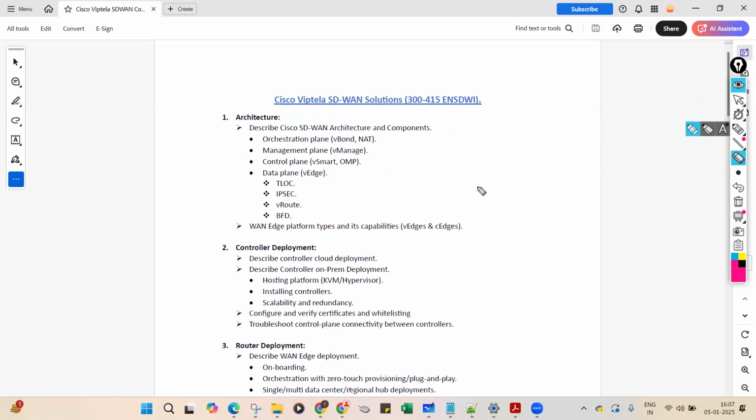The controllers can be deployed in two ways: one is the cloud deployment and the other one is, of course, on-prem. We will be discussing the requirements and how to deploy these controllers on the cloud as well as on on-prem hypervisors or virtual machines.